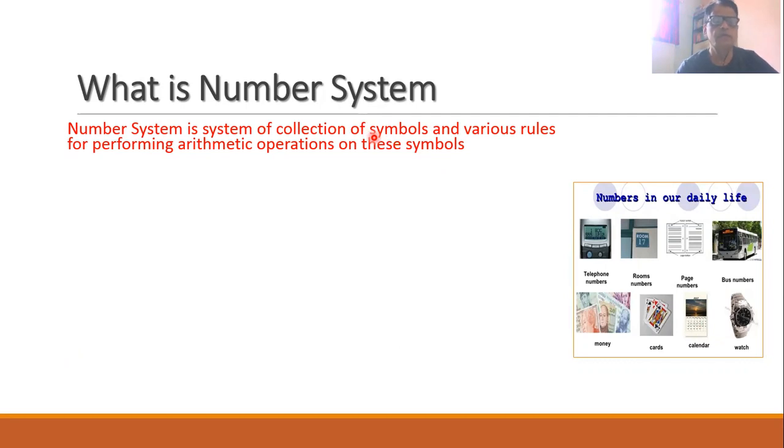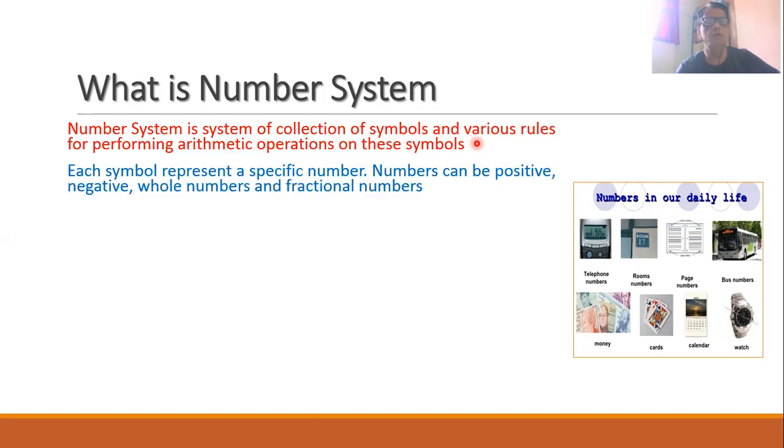These numbers exist with the help of number systems. A number system is a collection of symbols, and each individual symbol is called a number. It is not only a collection of symbols, but also a collection of various rules, and these rules tell us how to perform different operations on these numbers.